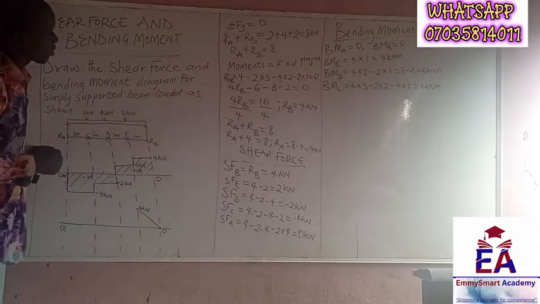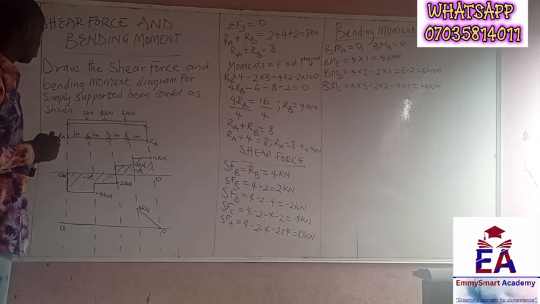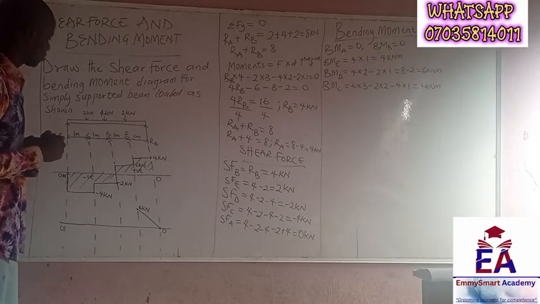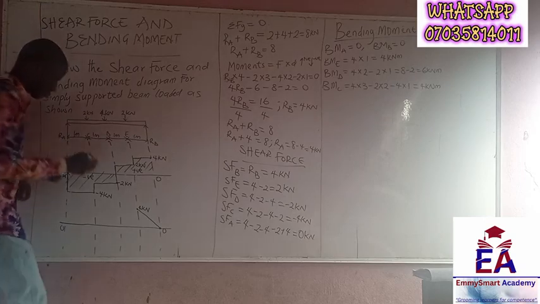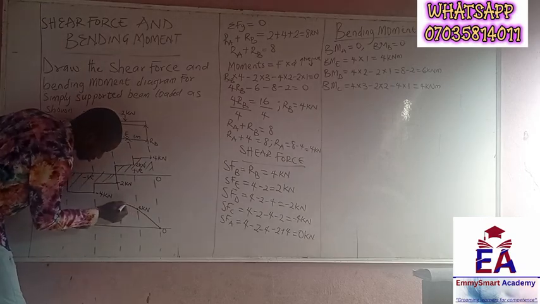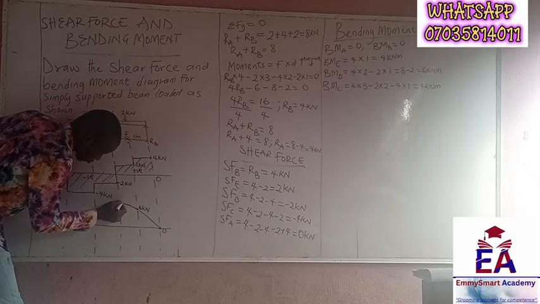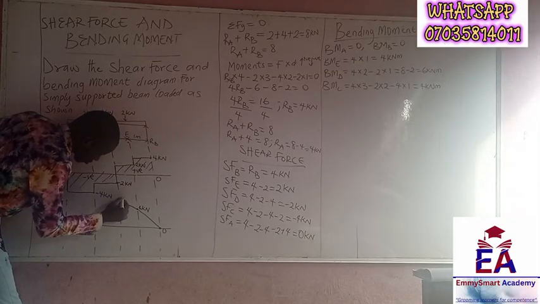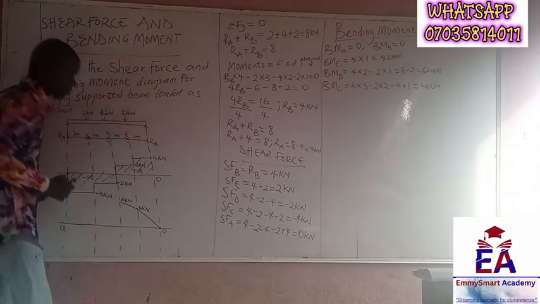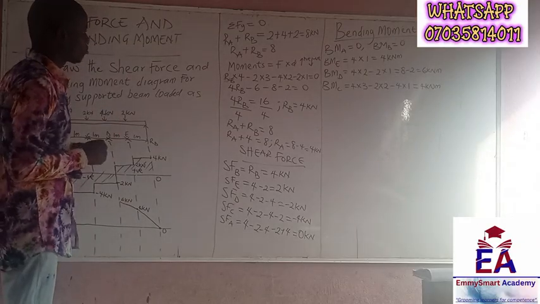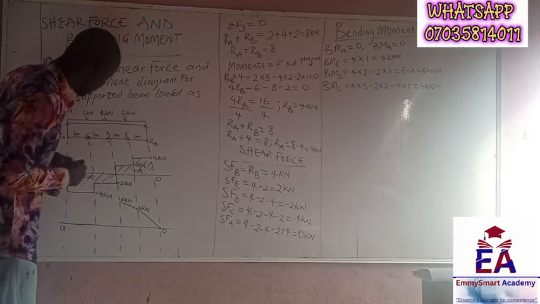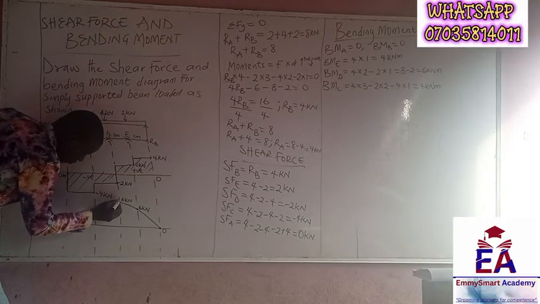So the next thing we have is 6 kilonewton. Still an inclined line, 6 kilonewton, so I will increase it a bit. And then bending moment at C is 4 kilonewton, so it went back to 4 kilonewton.